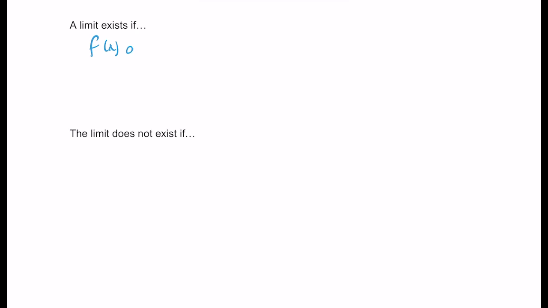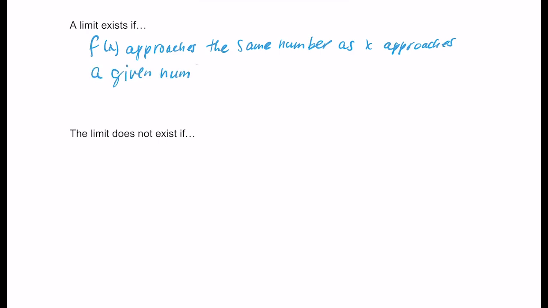Okay, so to summarize here, a limit exists if f of x approaches the same number as x approaches a given number from both sides.